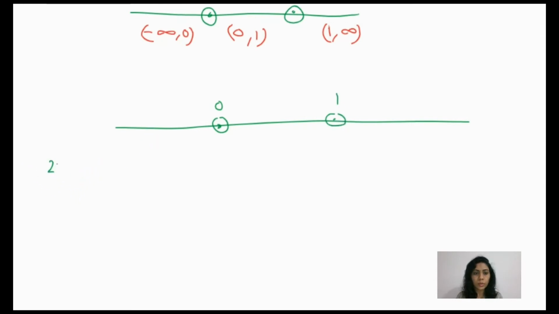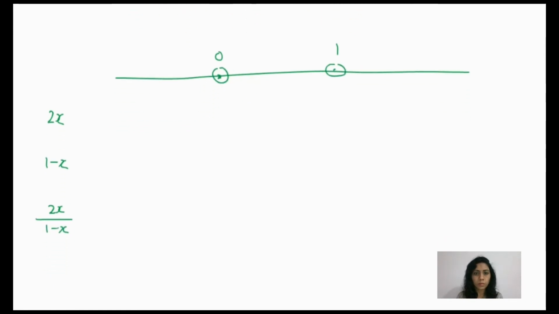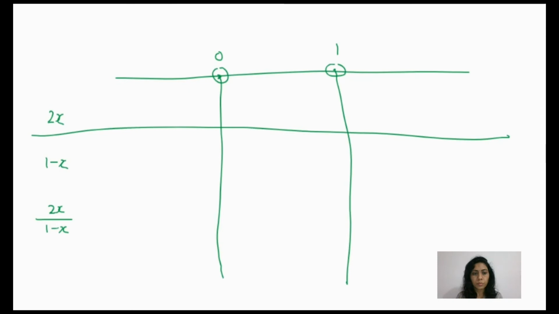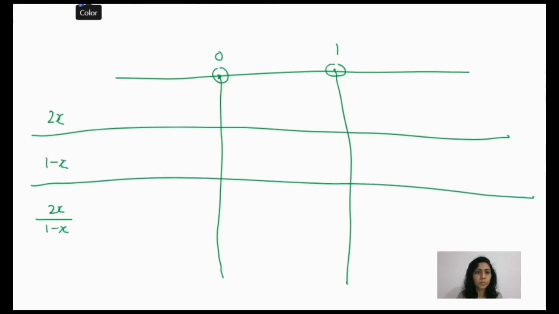Now here 2x, 1 minus x and then 2x upon 1 minus x. Here this is a vertical line. Now here we can separate it and choose a value.